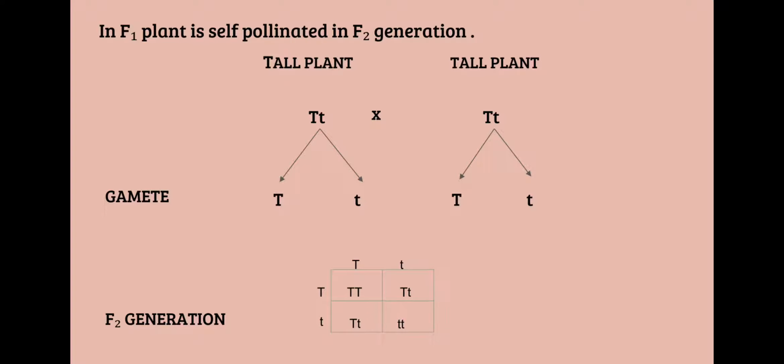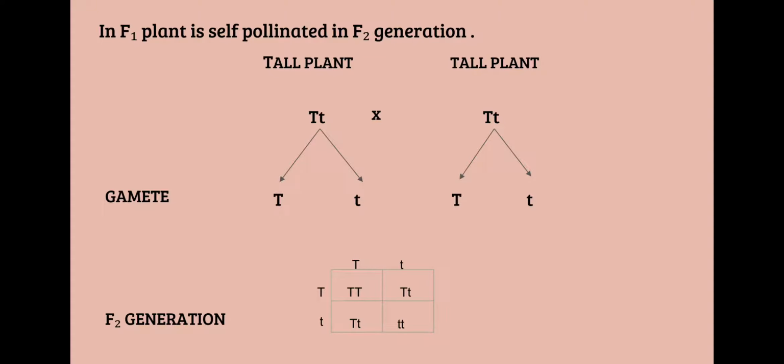But now in this case, we also have small t small t. So here there is no dominant trait present. In this case, the recessive trait will be able to express itself, and the phenotype of this plant will be short.